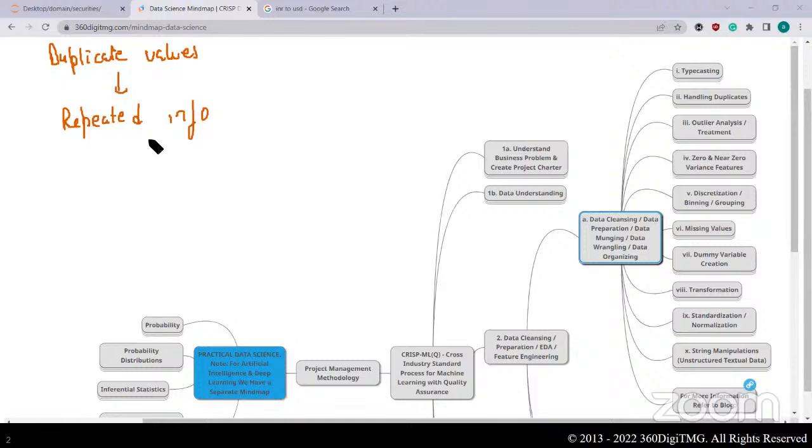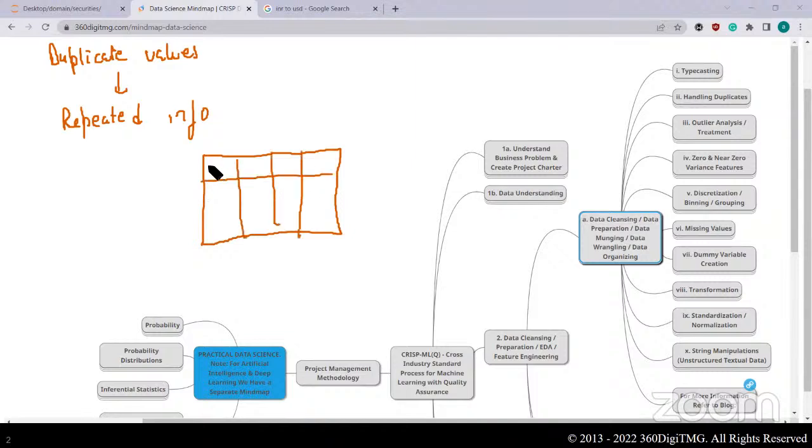Basically, in duplicate values, you have the same values being repeated again and again. Let's say this is a data set that we are working with, and these are some column names: name, age, gender, and salary.